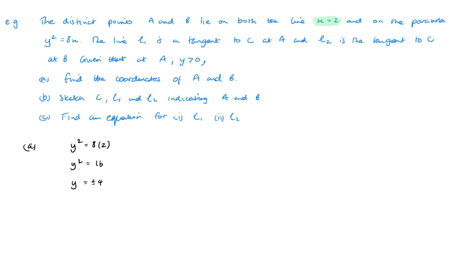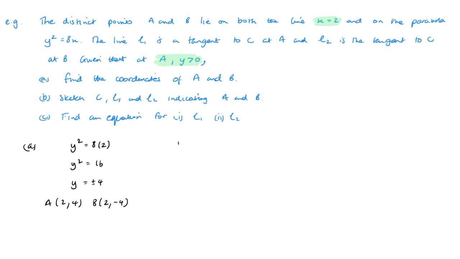Now, in the question, it says that at A, y is greater than 0. So that means A is the coordinates 2, 4, and B is the coordinates 2, negative 4.